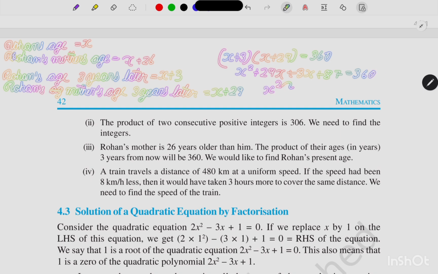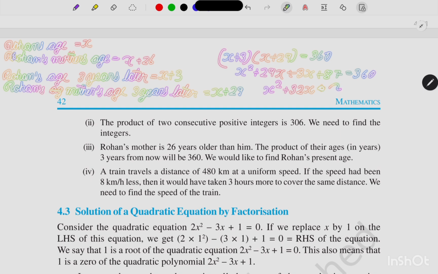x square plus 32x, and now 87 minus 360, so that is 273.